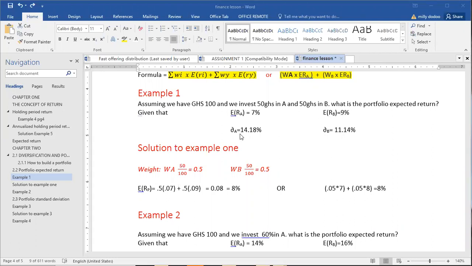Now, we said if you want to solve the expected portfolio return, I gave you the steps. The first thing you must do is to identify the individual investment weights. So the money I'm pumping into A, in probability, what is the probability?